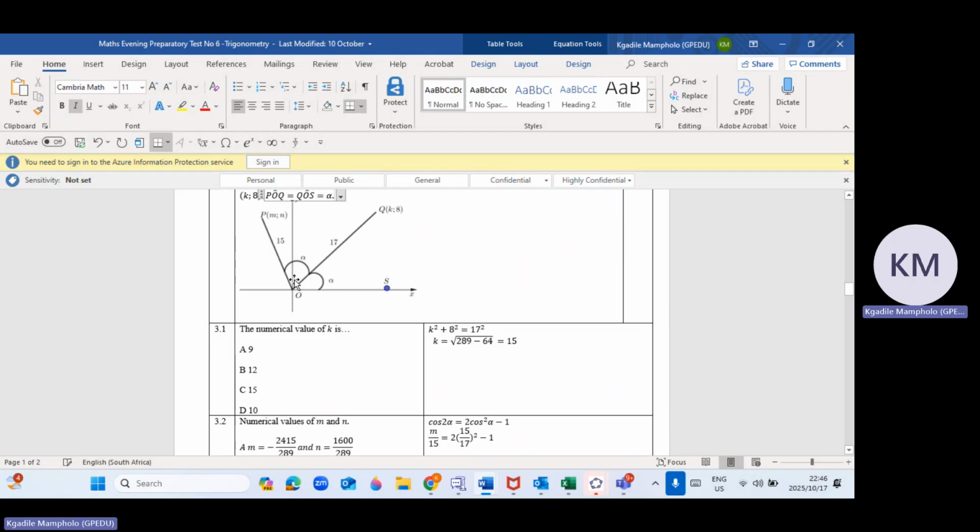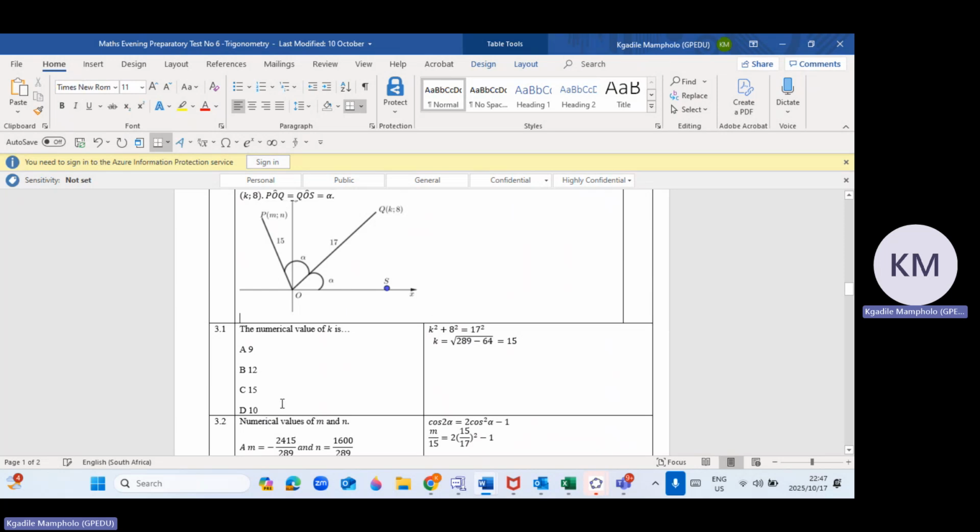You don't measure the angle from one arm to the other. It means the angle for the arm with 17 units is alpha, but the angle for the arm with 15 units, OP, is 2 alpha.